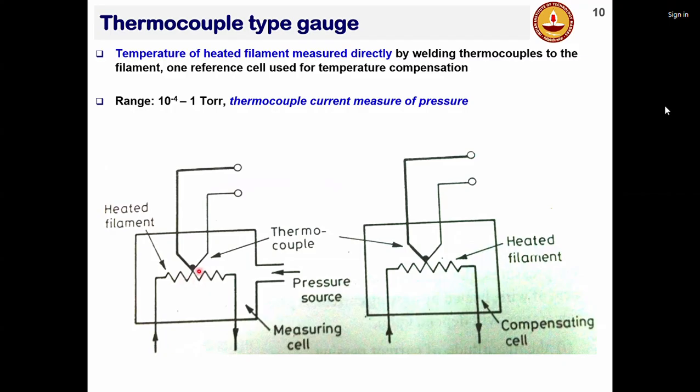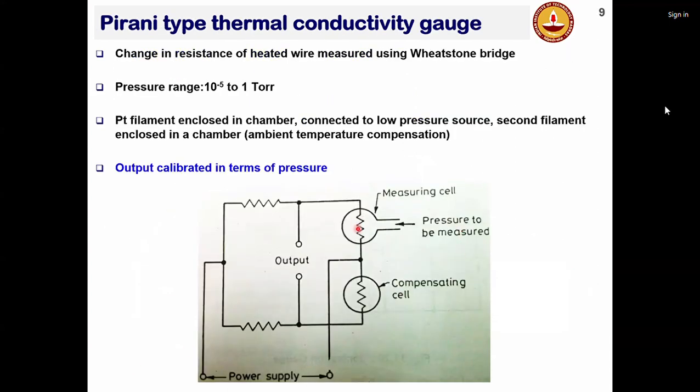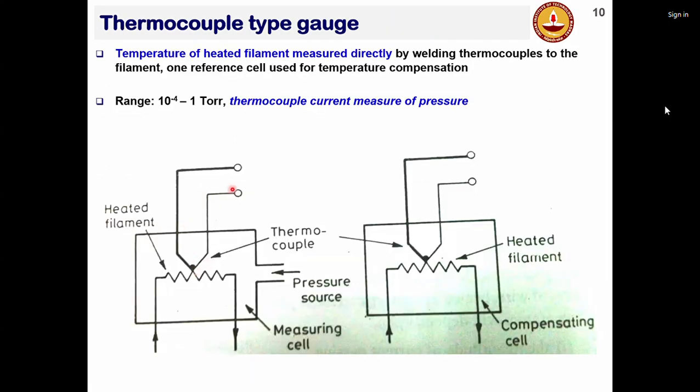The temperature of the filament depends on how much heat loss happens, which in turn depends on the thermal conductivity of the medium, and that depends on the pressure. So instead of measuring the resistance, you can directly measure temperature using a thermocouple. That is just an alternative to the Pirani gauge, and the pressure range is again about 10⁻⁴ to 1 torr.